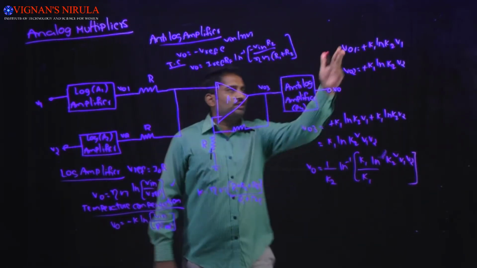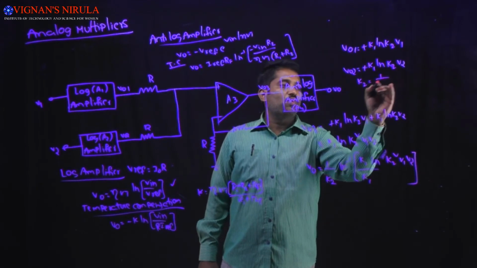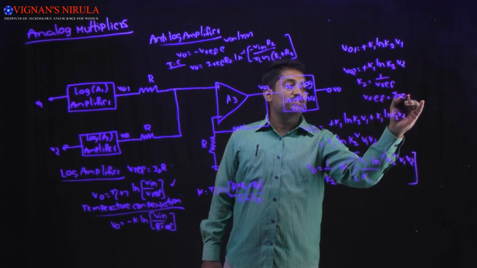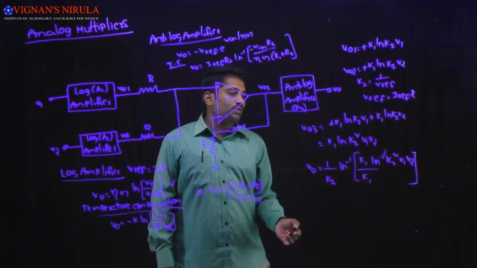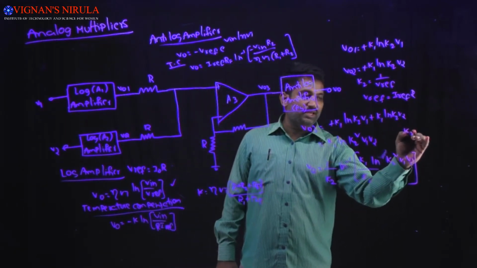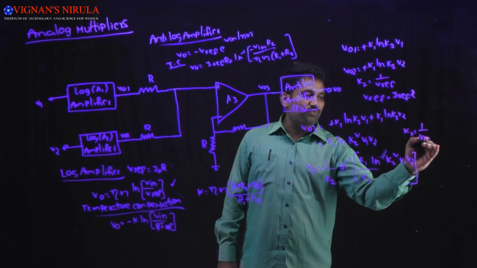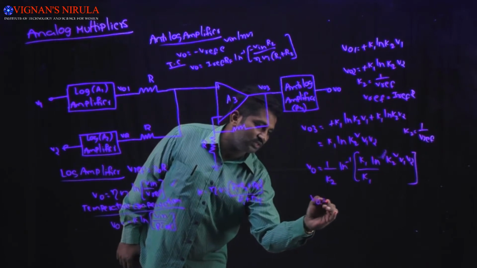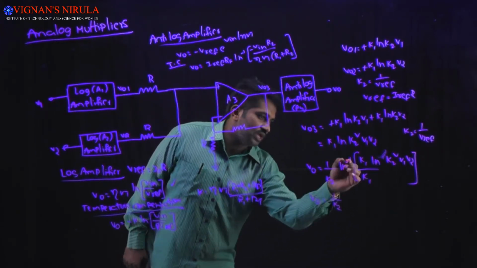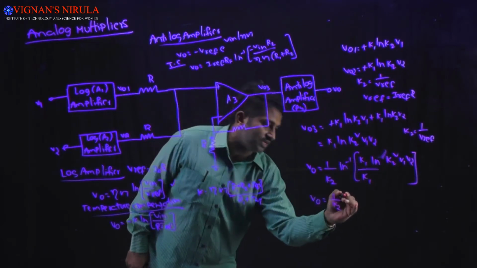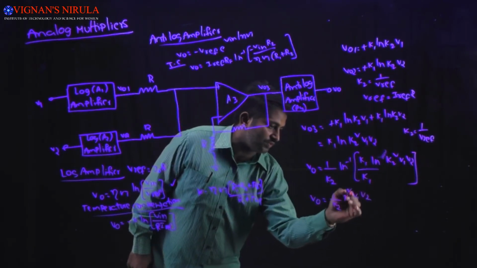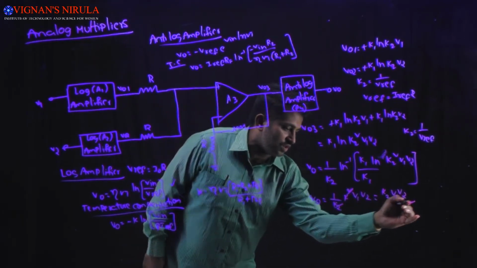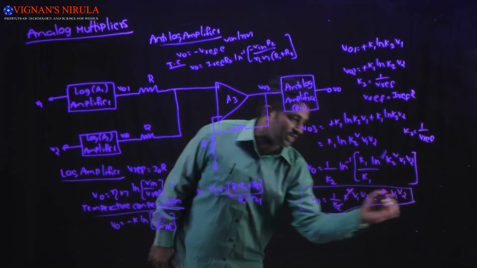Here, if you observe, K2 will be equal to 1 by V reference, where V reference is taken as I reference into R. Similarly, here also K2 is taken as 1 divided by V reference. So what we finally get is V0 equal to 1 by K2 into ln inverse, and ln is cancelled and K1 is cancelled, K2 square by K2 cancels, so we will get K2 into V1 into V2, which is nothing but the output voltage V0.